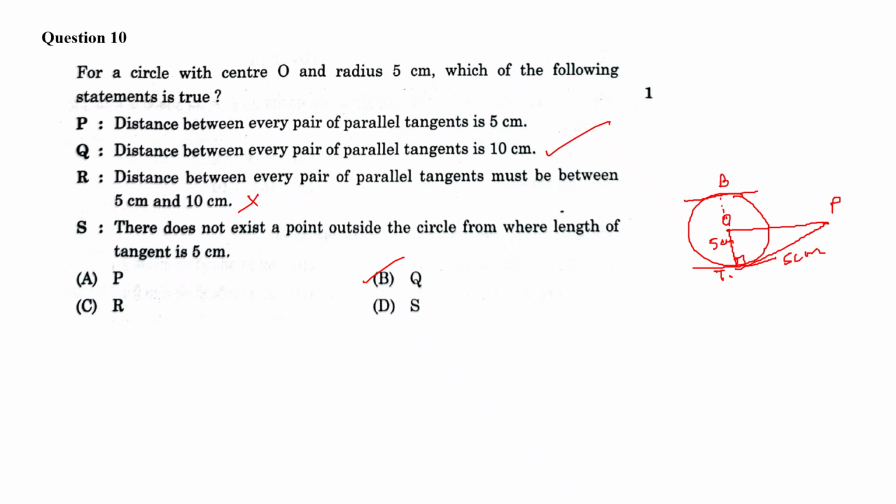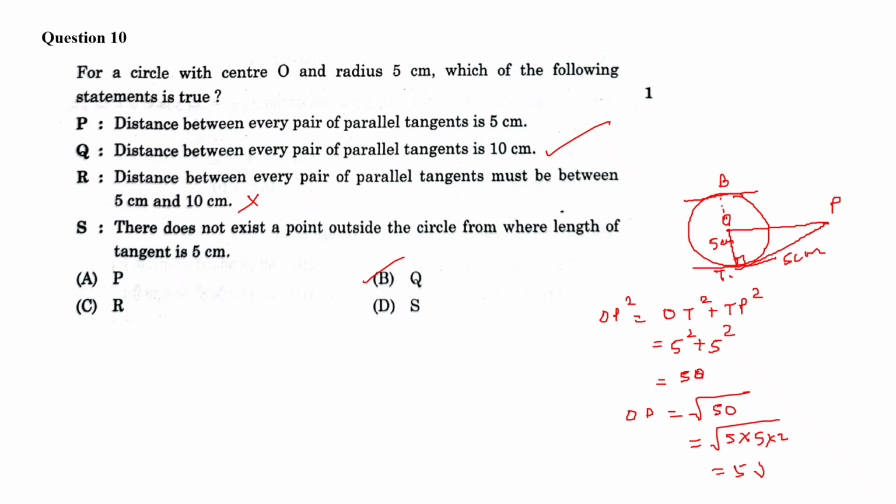In triangle OTP, OP square equals OT square plus TP square, which is 5 square plus 5 square, 25 plus 25, 50. So OP is root of 50, which is root of 5 into 5 into 2, so I am getting 5 root 2.